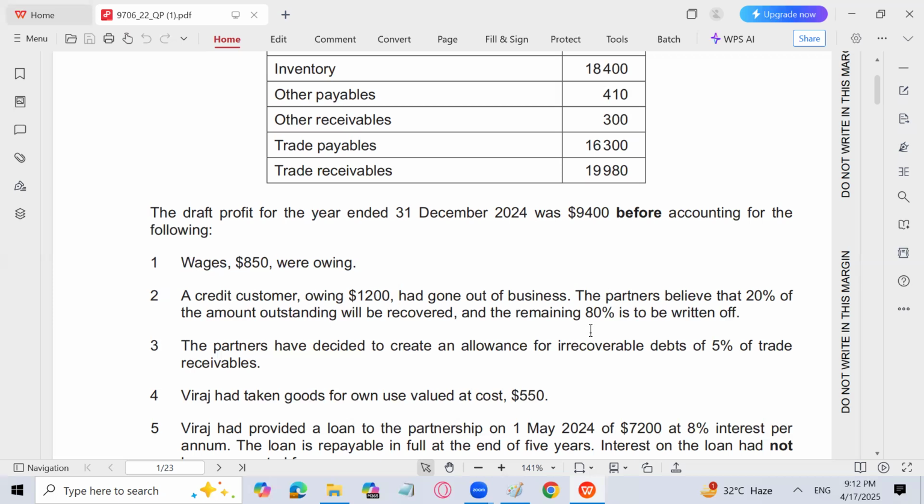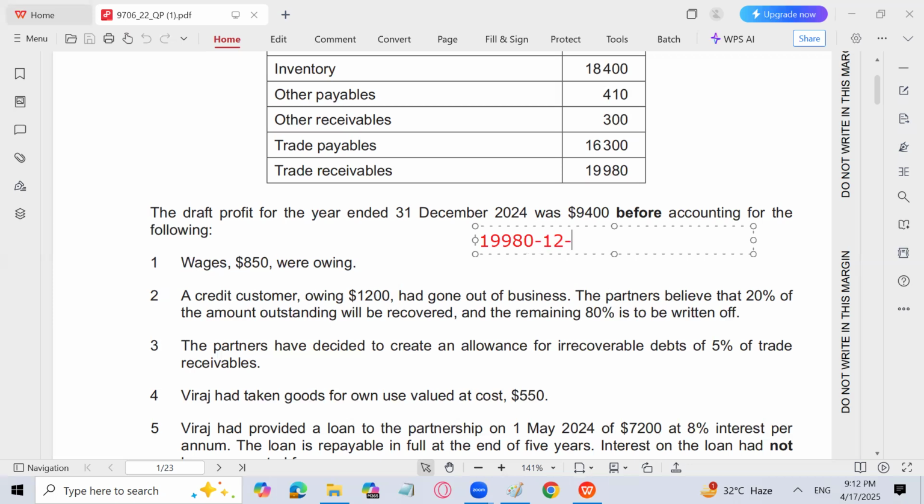But remember that now that particular customer of 1200 is no more your customer, because 20% has been received, so the customer balance decreased, and 80% has become bad debts. The entry will be irrecoverable debt of 960 and trade receivable credit. So from trade receivable, 1200 needs to be subtracted, because the whole 1200 regarding that particular customer is no more our customer.